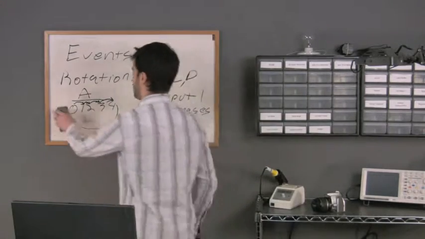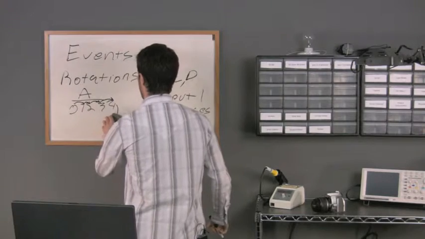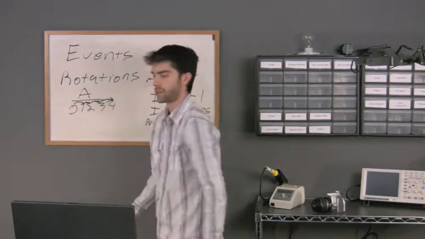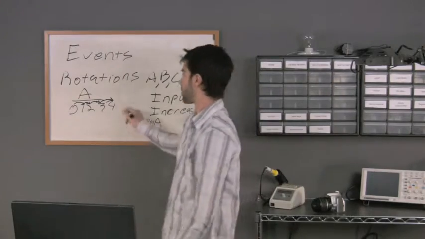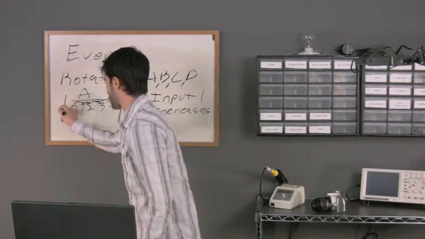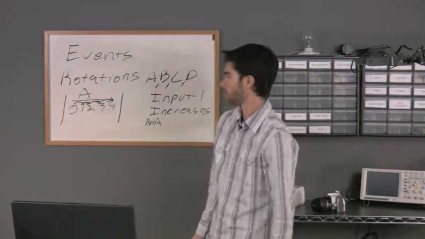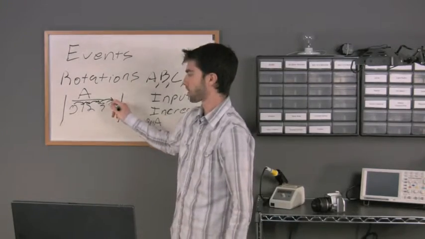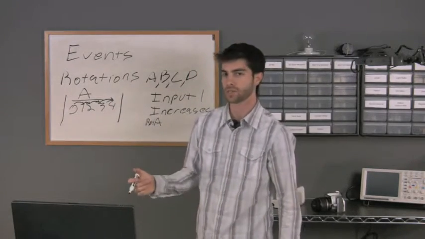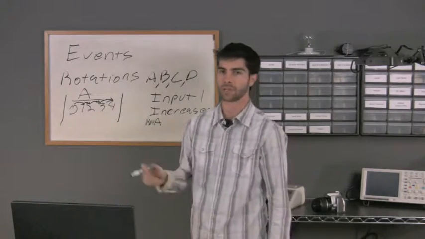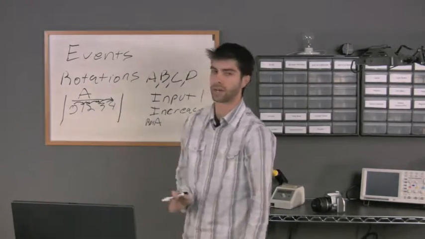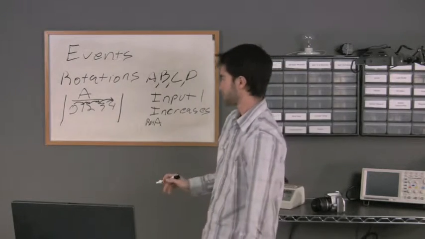However, there is a setting on each of these rotations to tell it to halt on upper and lower limits, which means it's going to stop at 0 and 4. So if I get to 4 and I say increase rotation, it won't do anything. It's just going to stay on the 4th count because I told it to halt on upper and lower limits.